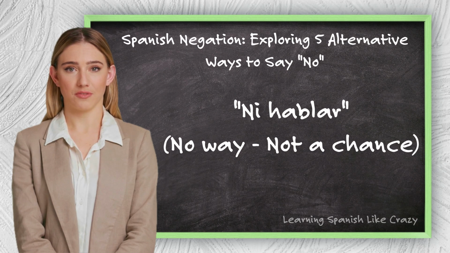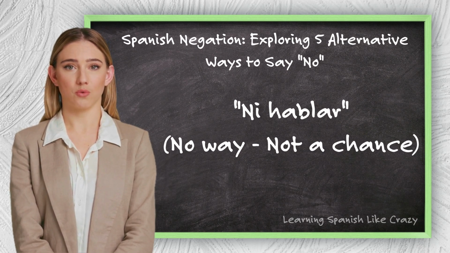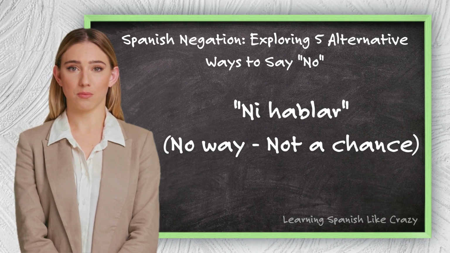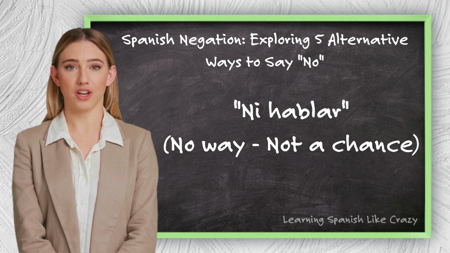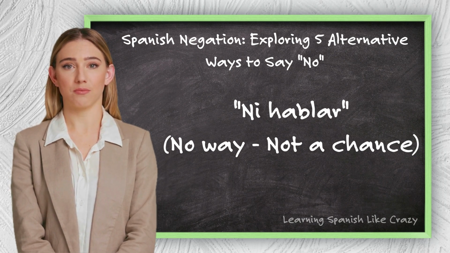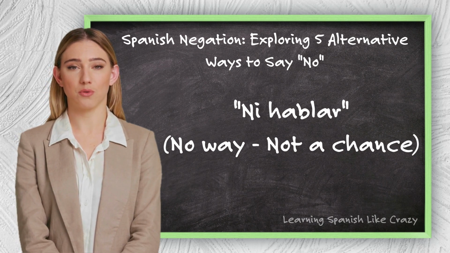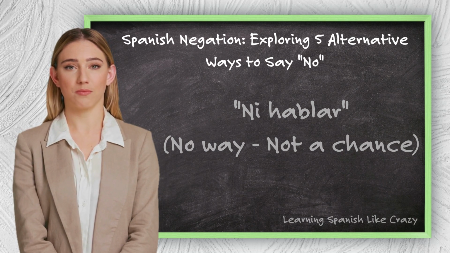For example, if someone asks you to lend them a large sum of money, and you cannot or do not want to, you can respond with Ni hablar. This phrase conveys a strong sense of conviction and leaves no room for negotiation. With it, you assert your position firmly, making it clear that the proposed action is simply not an option.